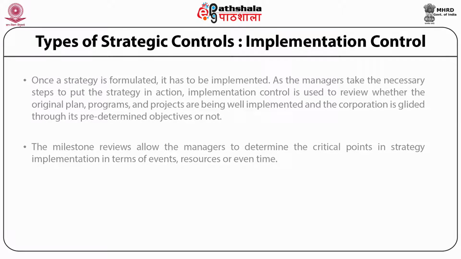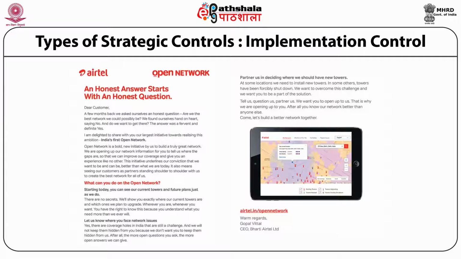Exhibit 1 showcases an email to the Airtel customer from the CEO of Bharti Airtel Limited, where an attempt is being made by the company to provide the best network through its initiative, Open Network. Through this initiative, the company provides its network information to its customers so that they could tell Airtel where the gaps are. This would help the company to improve its coverage and provide an experience like no other in the industry.